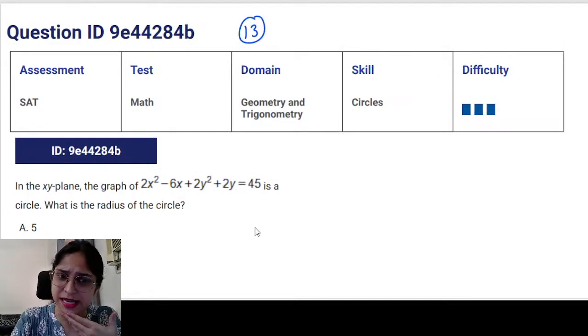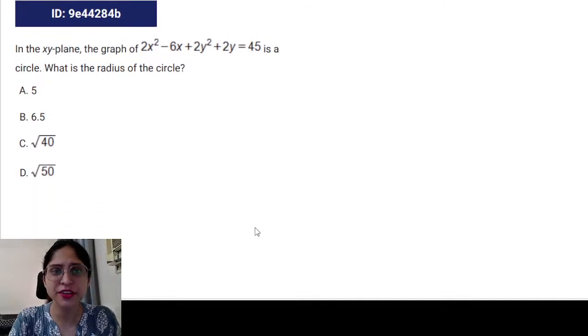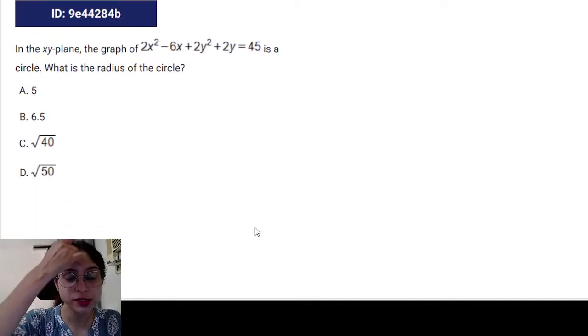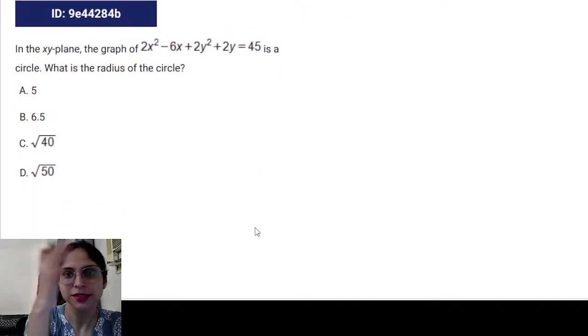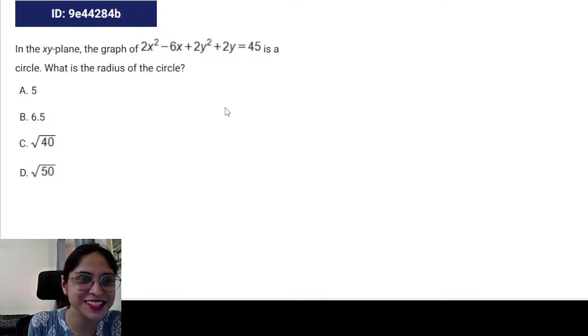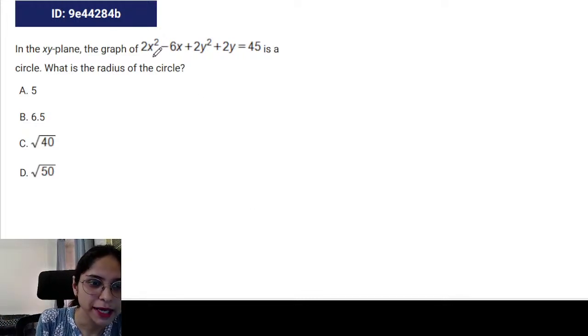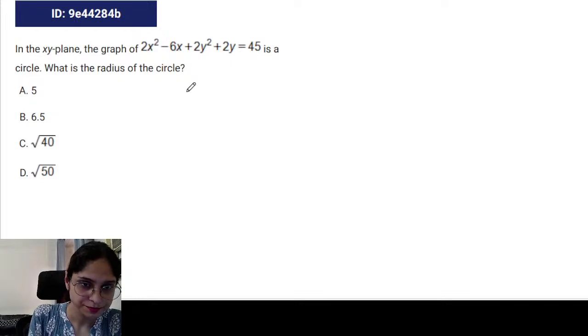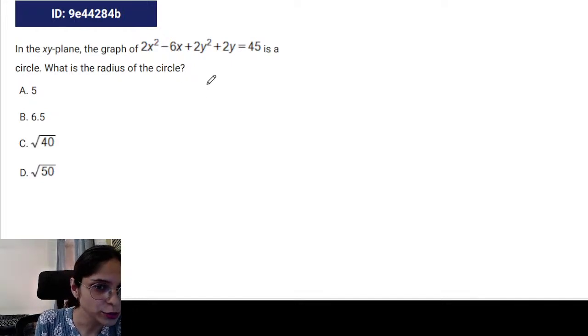Yeah, now this is a standard form. Sorry, a general form. I don't know what it is called, because there's so much confusion between the countries. But anyway, over here they want to know what is the radius of the circle. So like I told you, over here the coefficient of x square and y square is 2.